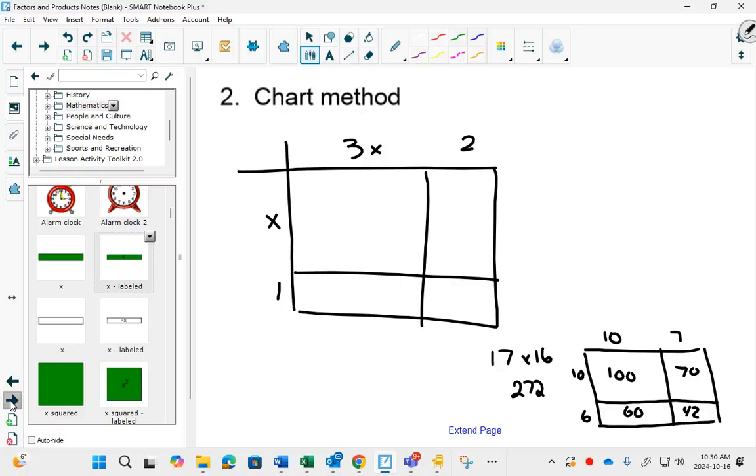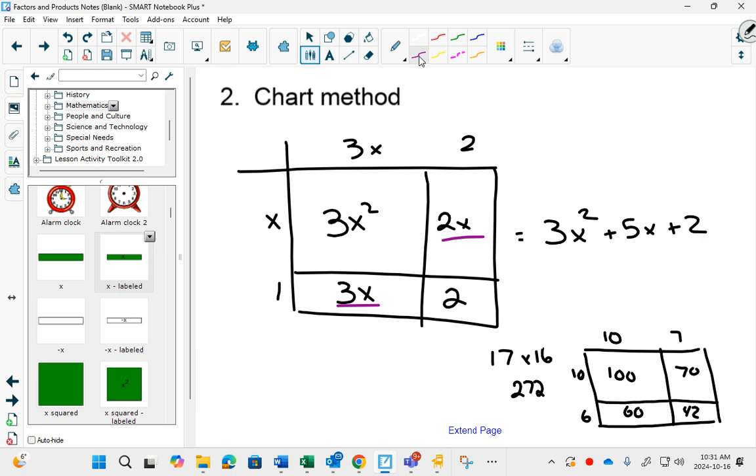If I drew it perfectly to scale. But if I do this, 3x times x, that will be 3x squared. X times 2, that will be 2x. 3x times 1, that will be 3x, and 1 times 2, that will be 2. And if you add them all up, 3x squared, I notice these two are like terms. So I can just go plus 5x plus 2.